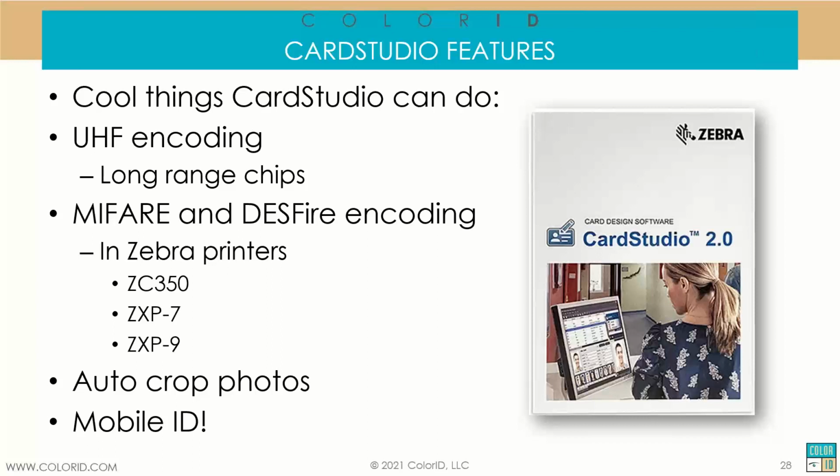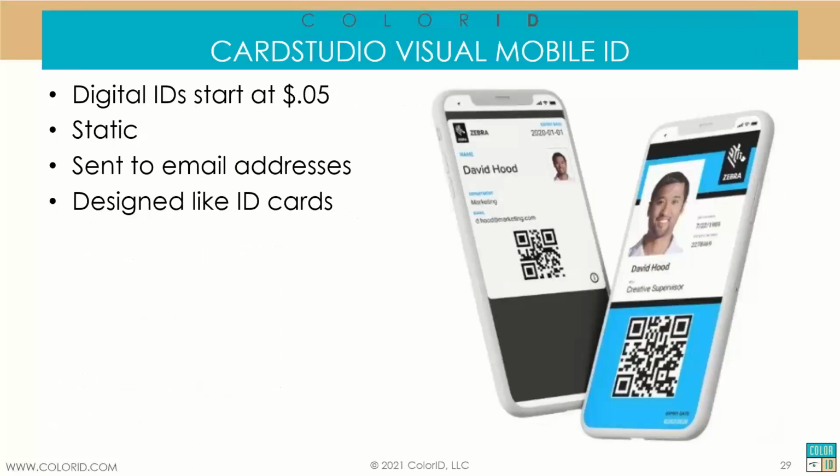And they just introduced mobile ID. Well, you know, it's pretty simple. It starts at around a nickel, but you print the card and then you design a mobile ID that'll show up on a mobile device that you can send from CardStudio to the email addresses that you enter for your card holders.